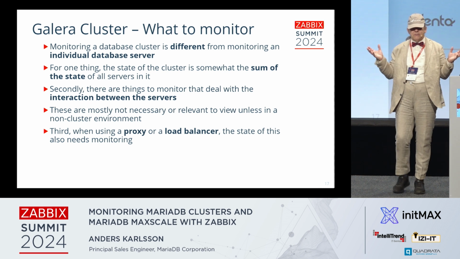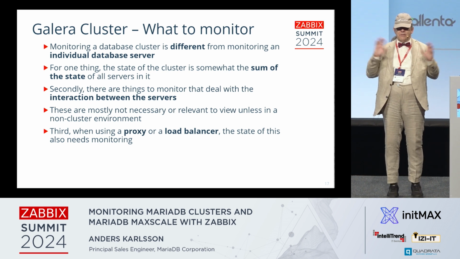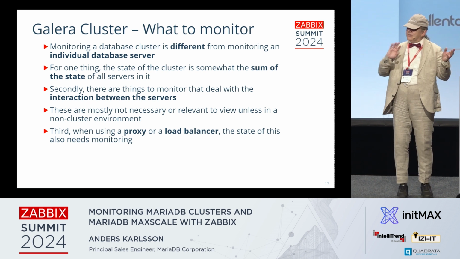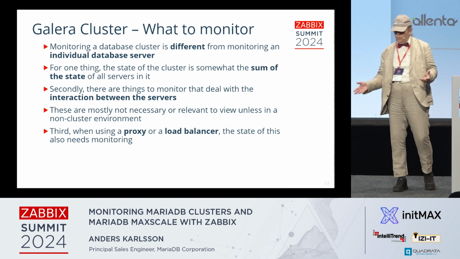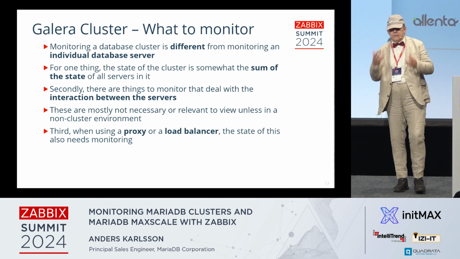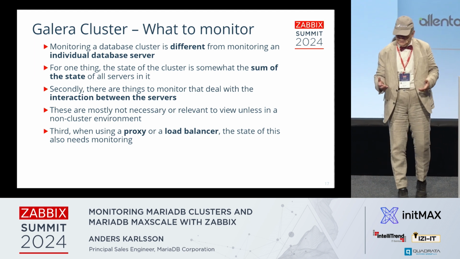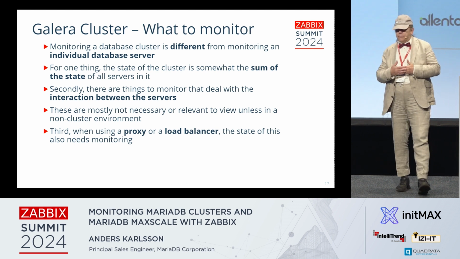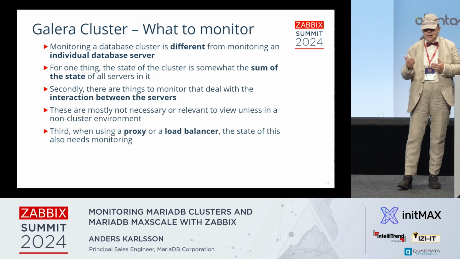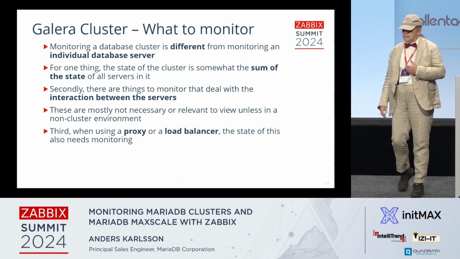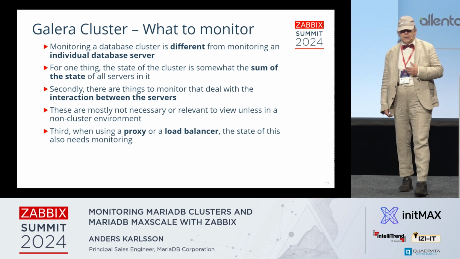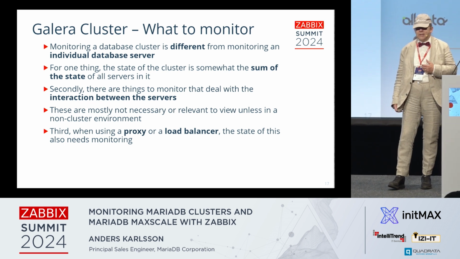The state of the cluster isn't necessarily the same thing as the sum or the least of the state of all the involved servers. And there's stuff that you want to monitor that deals with the interaction between servers. For those of you running MariaDB Galera cluster, are you making sure that you don't have too many flow control events?